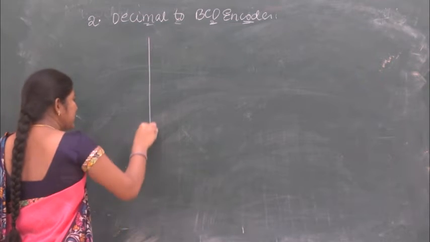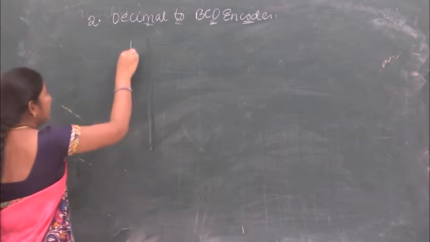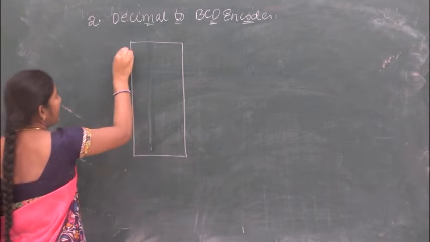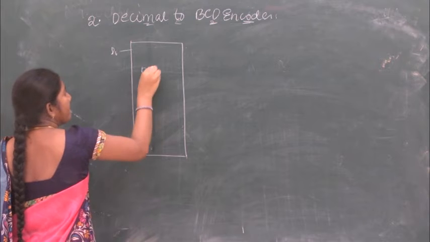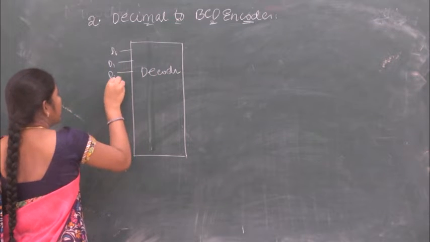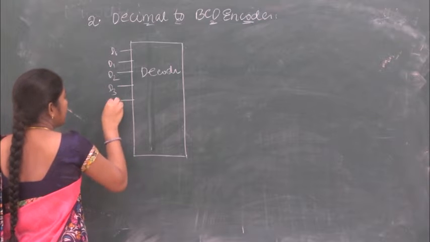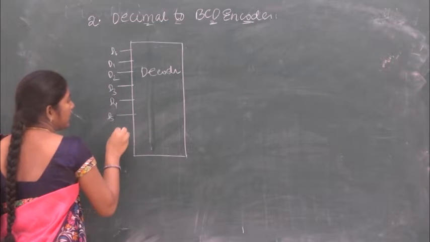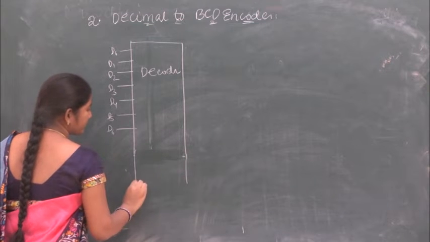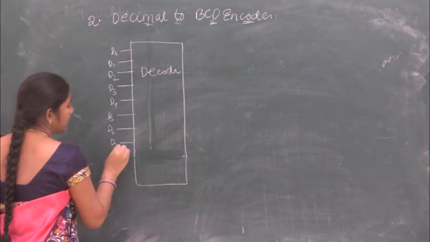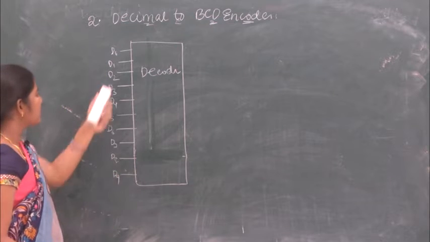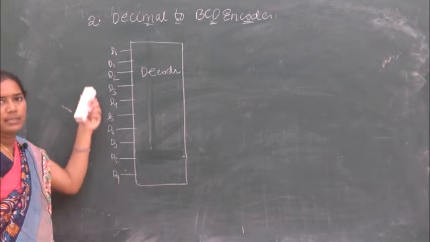So decimal means we will have 10 inputs: D0, D1, D2, D3, D4, D5, D6, D7, D8, D9. 0 to 9 means 10 inputs.